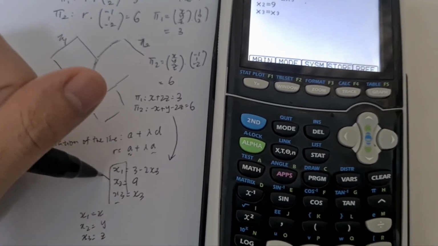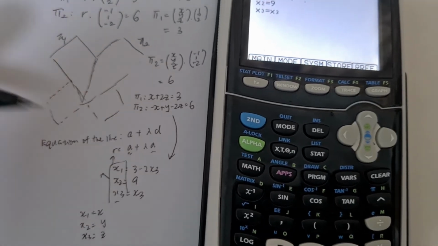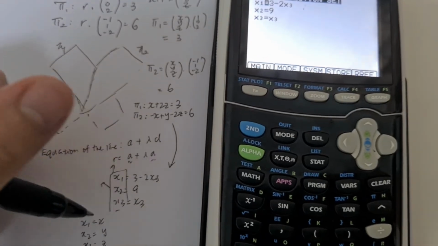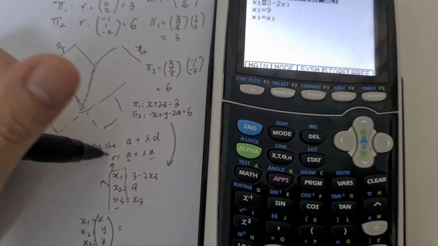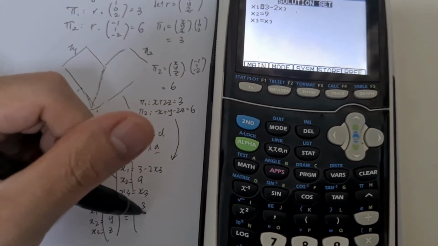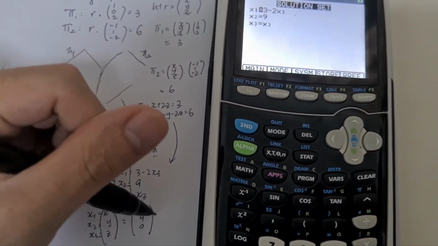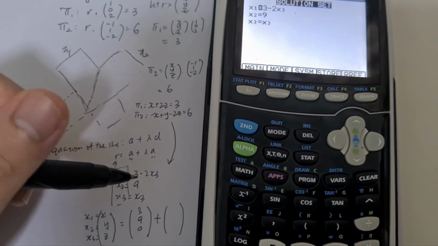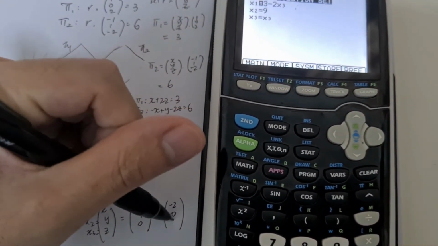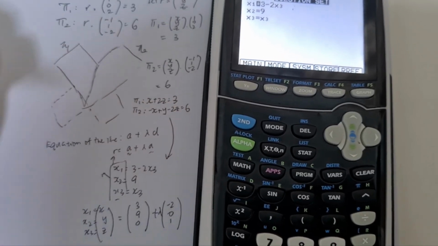So this part here is actually the equation of a particular point on the line itself. We treat it normally as x, y, z or r. The point on the line can be represented by 3, 9, 0. Last but not least, we also have the direction vector, which is -2, 0, 1 times lambda.